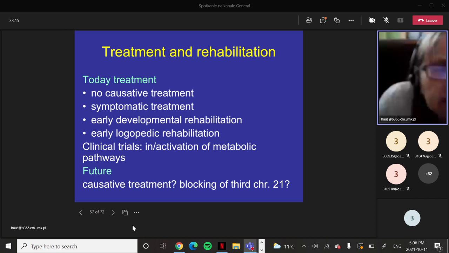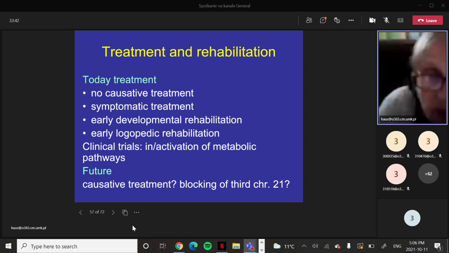And what about the future? Maybe we will have a causative treatment for Down syndrome and other trisomic syndromes. Maybe yes, maybe not. Maybe we will have tools for blocking the third chromosome 21.